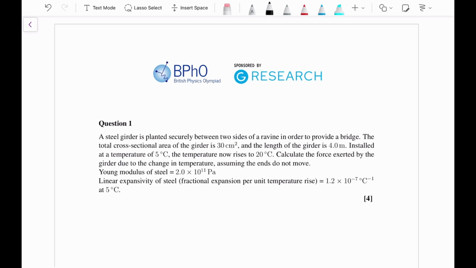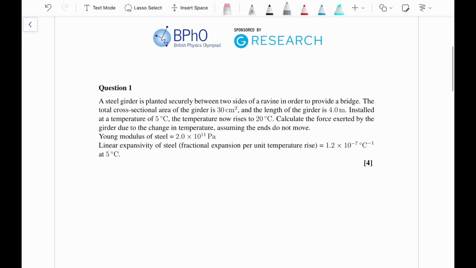Okay, so what I'm seeing right now is that there is a bridge, and then it gave us the area of the bridge, the length of the bridge, and the Young's modulus, so it's definitely something related to elasticity. And then it gave us the linear expansivity of steel.